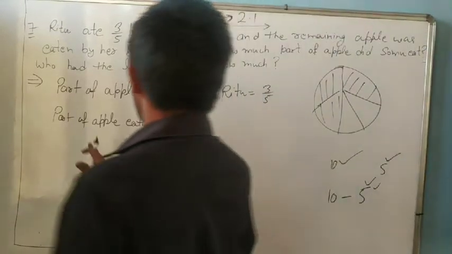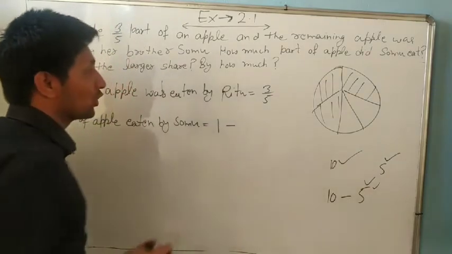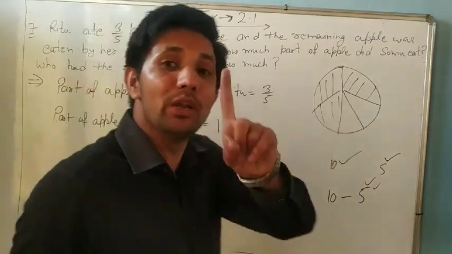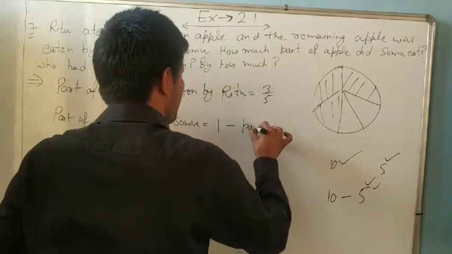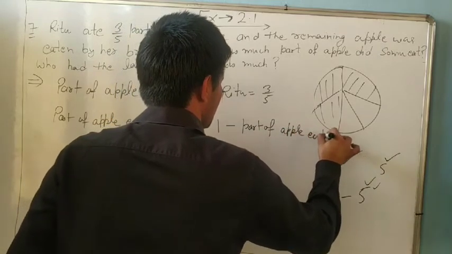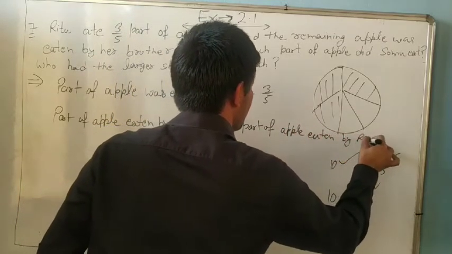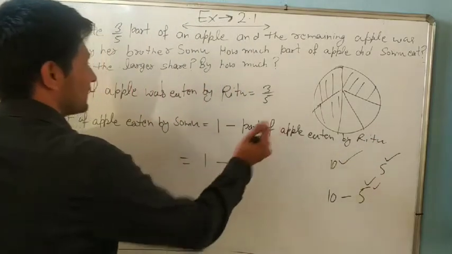Same as it is: part of apple eaten by Somu is 1 minus, because there was only 1 apple in total, 1 minus part of apple eaten by Ritu.